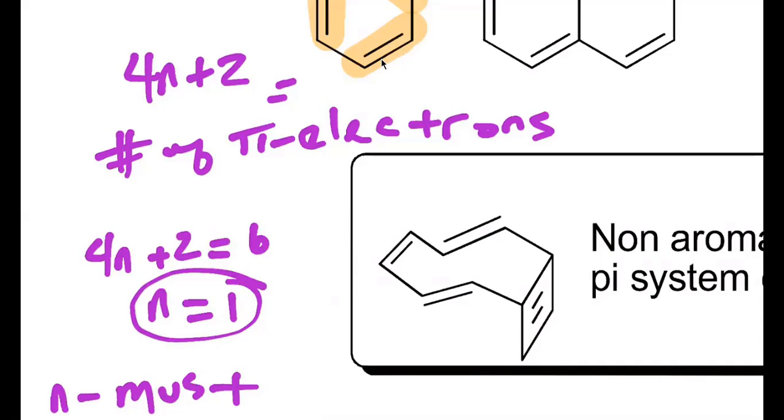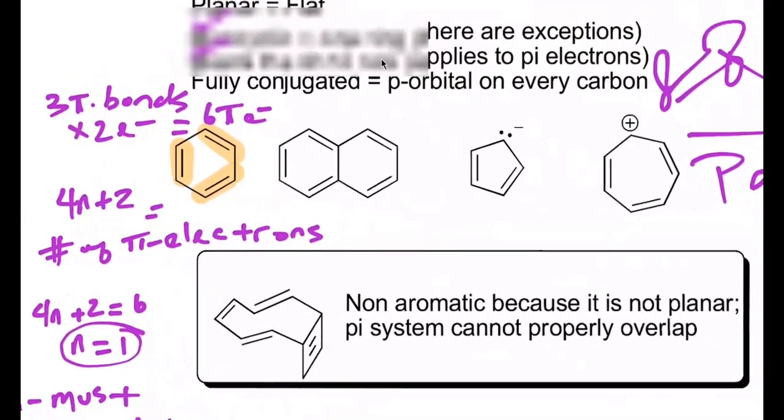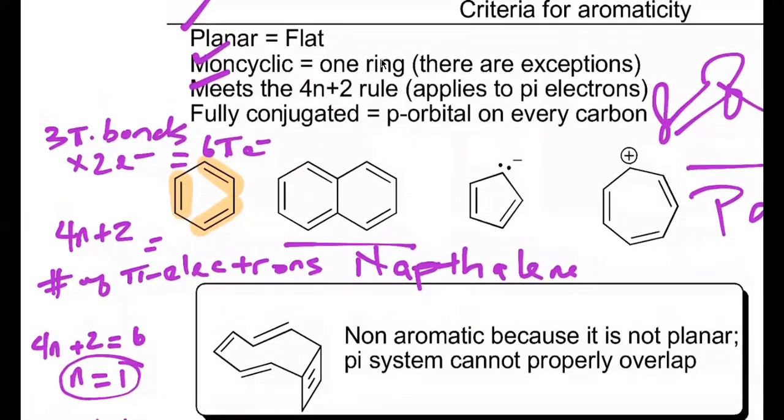So let's look at some of these other molecules. Let's look at the naphthalene molecule right here. Naphthalene used to be, they don't use it anymore, but it used to be the principal component in mothballs. So naphthalene, does it meet all of the criteria? It is flat, that's for sure.